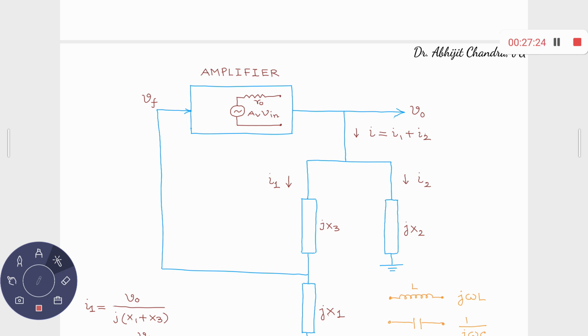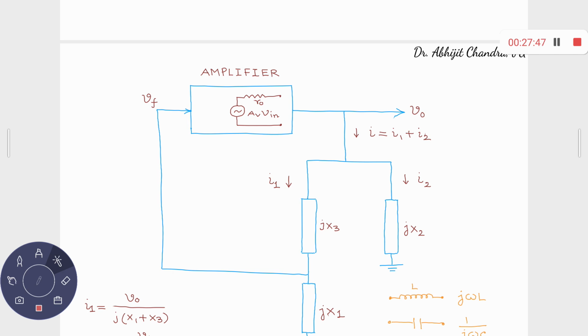Now whenever you connect some load, that becomes V0. V0 is the output voltage, and a portion of the output voltage is being fed back in the form of VF. So initially in the first iteration, that input was Vin. Then through this amplification and through this feedback network, once again the voltage that is being fed is equal to VF.